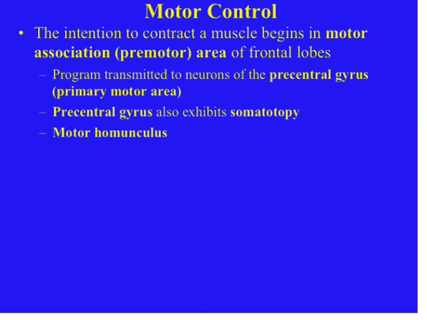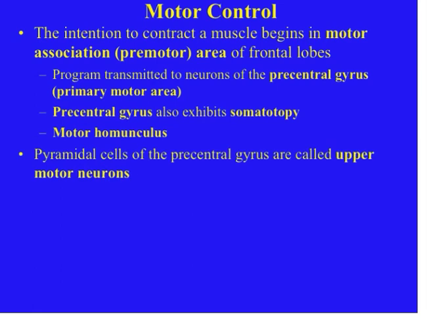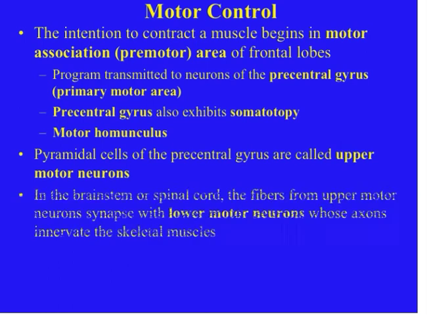Remember, it's called a corticospinal tract because it runs from the cerebral cortex to the spinal cord and then eventually to the effectors. In the brainstem or spinal cord, the fibers from the upper motor neurons synapse with the lower motor neurons, whose axons innervate the skeletal muscle, and then we carry out the activity.